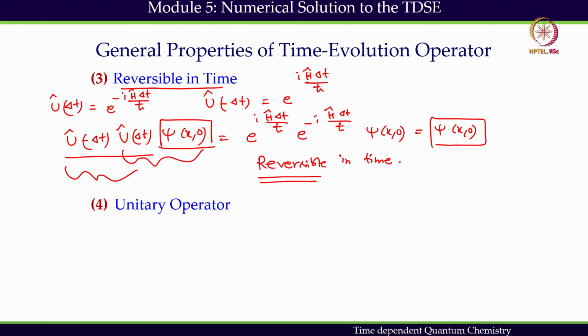The time evolution operator is a unitary operator, which means that I will be able to write down this equality; I will prove it, but before I prove that, I can write it down. Its inverse is going to be equal to its adjoint. That is the definition of a unitary operator, which we have seen in module 4, the previous module.